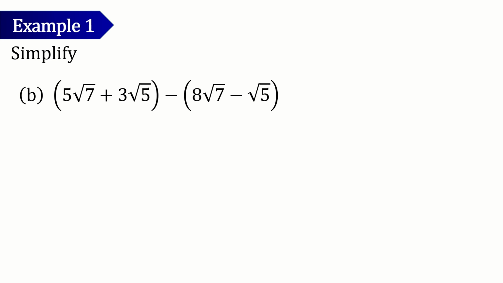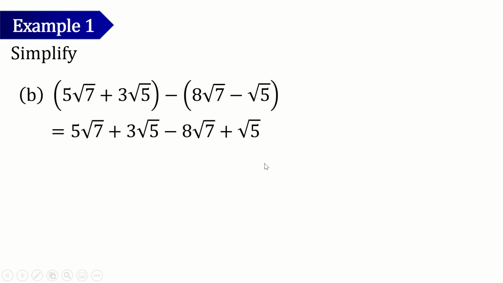Second example: 5 surd 7 plus 3 surd 5 minus 8 surd 7 minus surd 5. First we can open the bracket. For the second bracket, we need to multiply by negative, so it becomes negative 8 surd 7 and negative surd 5 becomes positive surd 5.